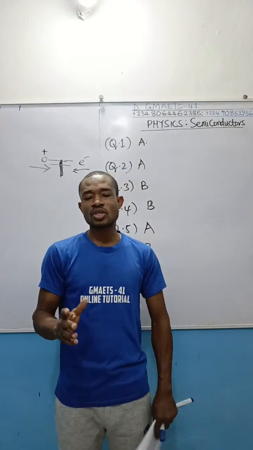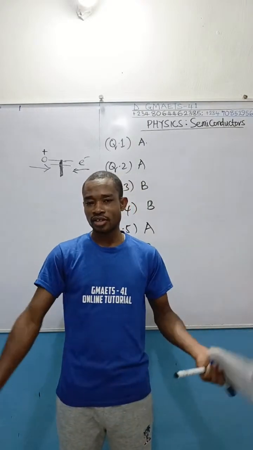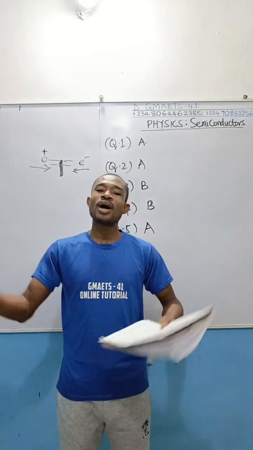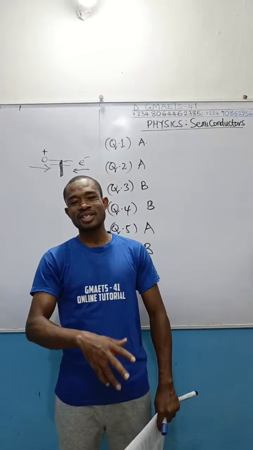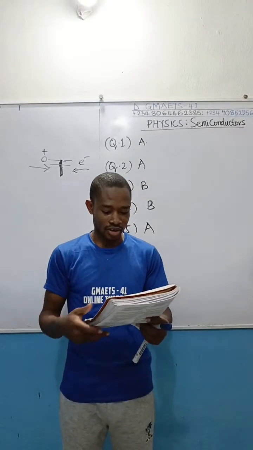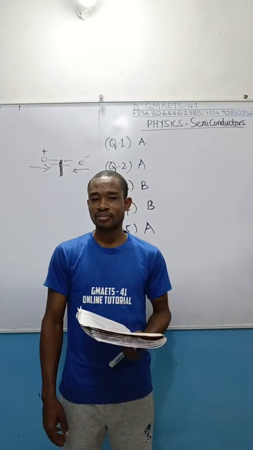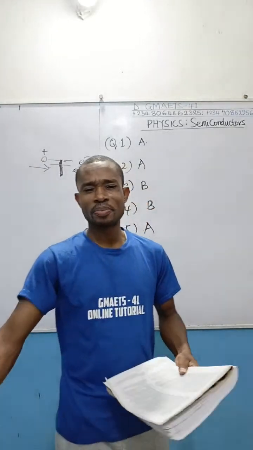A pure semiconductor has a high conductivity value. When you add the impurities to get all these P-type and N-type, it reduces their conductivity. Are you following? It reduces their what? Conductivity.